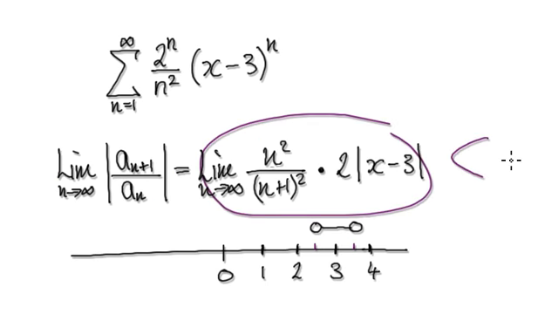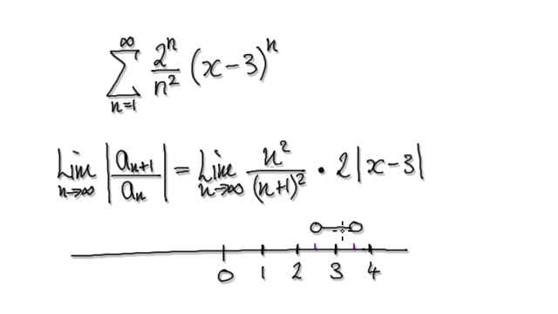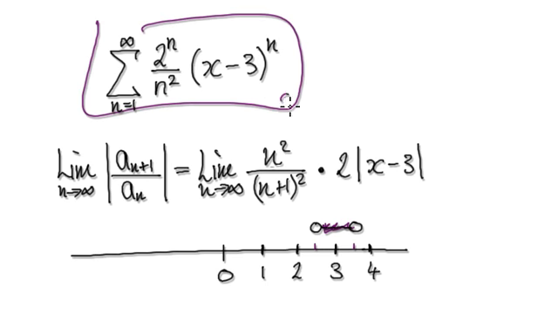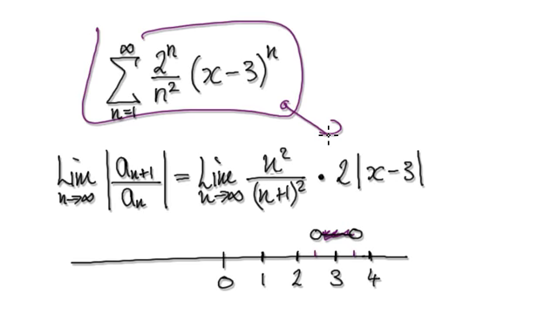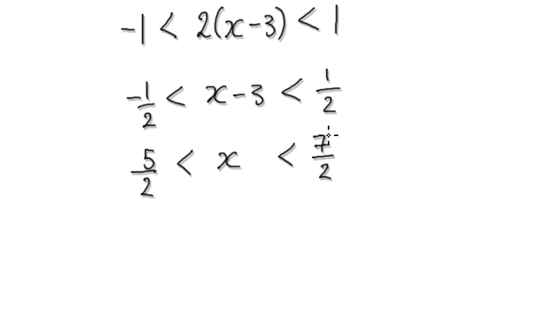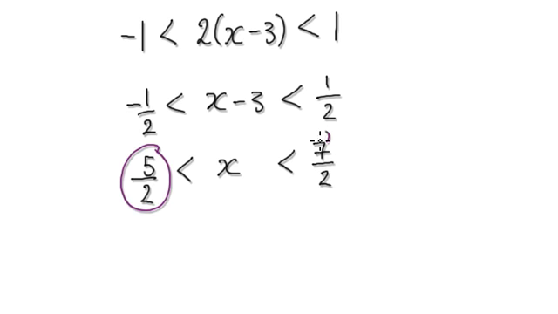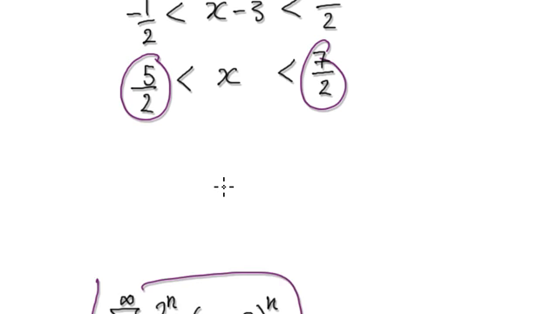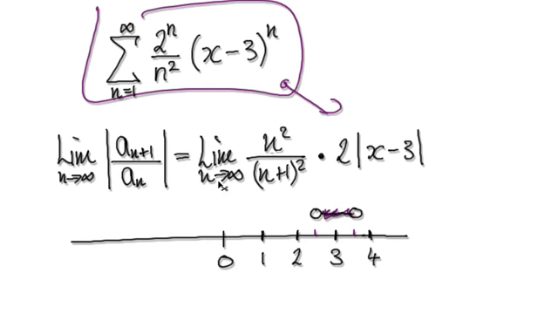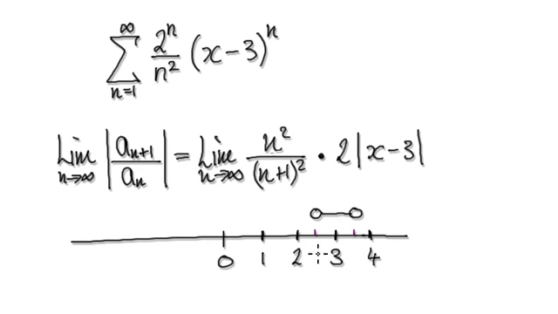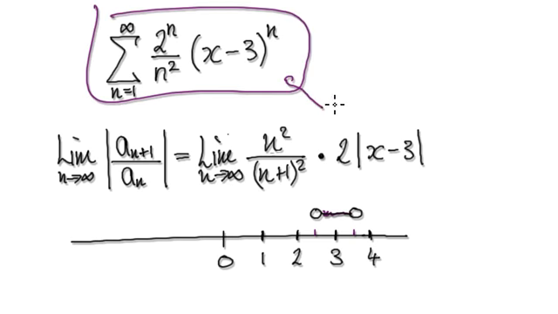Anything in this interval, we know that this is going to converge. So anything in between 2.5 and 3.5, anything in between there, we know that this is going to converge.